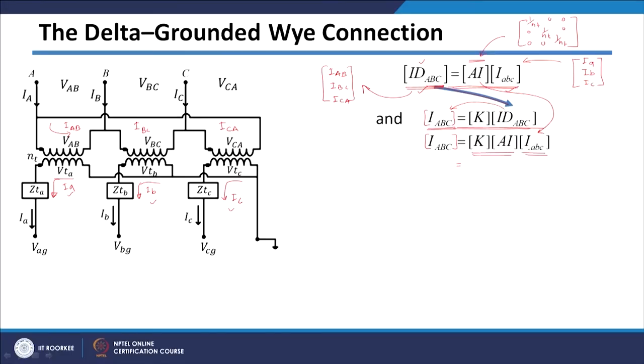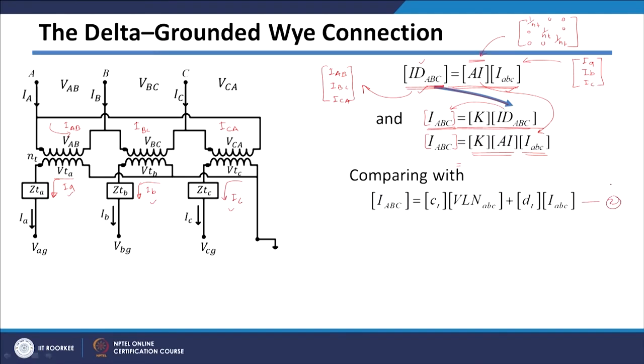Now, we can compare with your standard equation of ABCD parameters. The standard equation is this one, say 2, and this is the equation which you are getting, 1. If you compare 1 and 2, you can see that there is no term related to VLN.